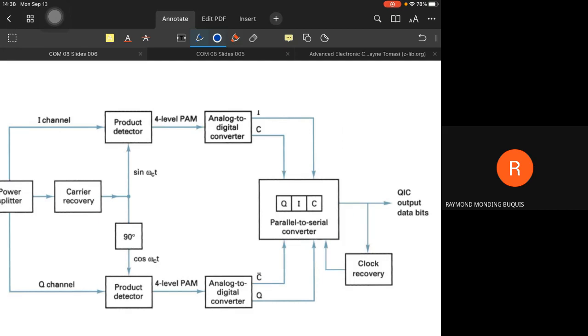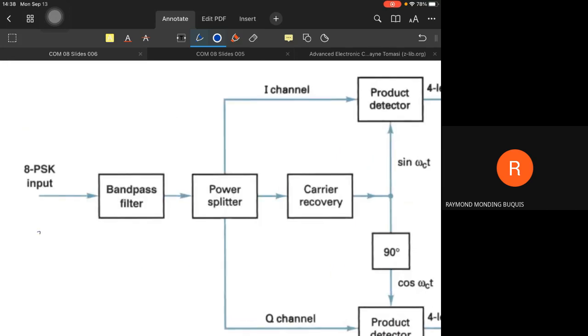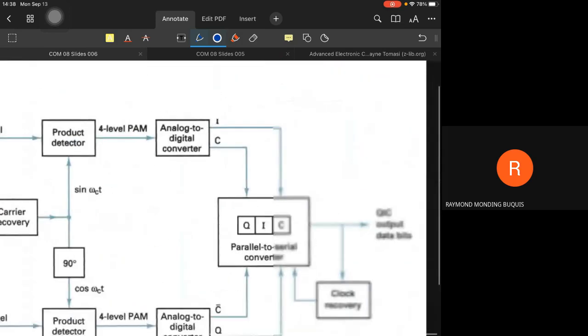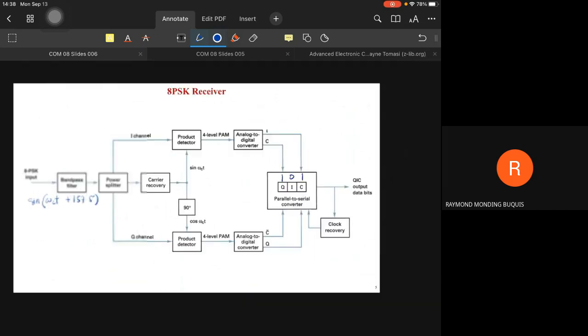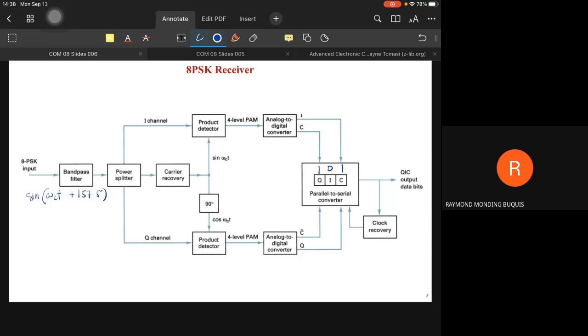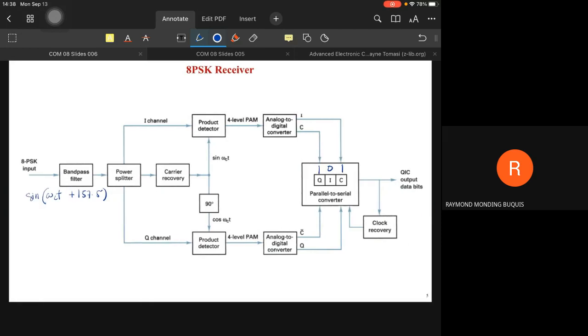So, iya lang tong i-inverse na operation such that if ang atong input dire, for example, kato, sine omega t plus 157.5 degrees. If mo nang input diya, ang output dire is 1, 0, 1. Okay?